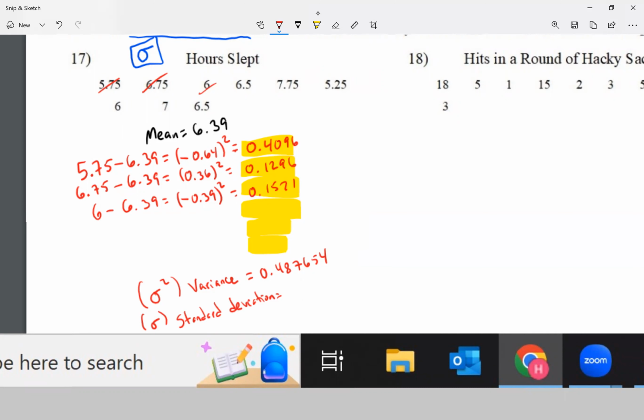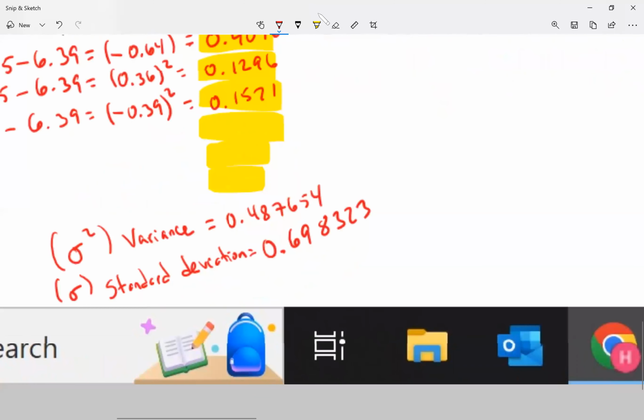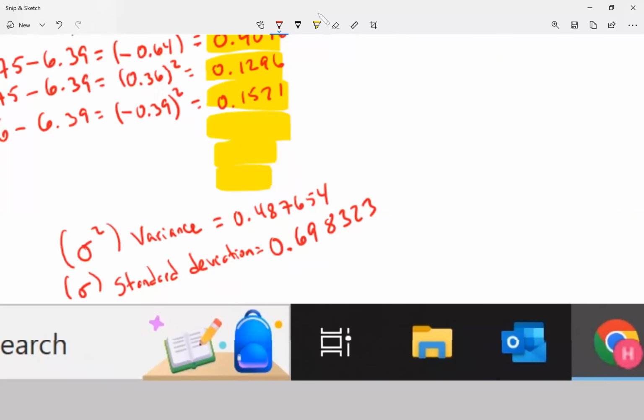And whatever I get, according to my calculator, I get 0.698323. Let me leave it at that. But my instruction says round your answer to the nearest 10th. So 1 decimal place. So I'm going to call this 0.7, right? Because the 9 pushes the 6. So 0.7. Not too bad, right?